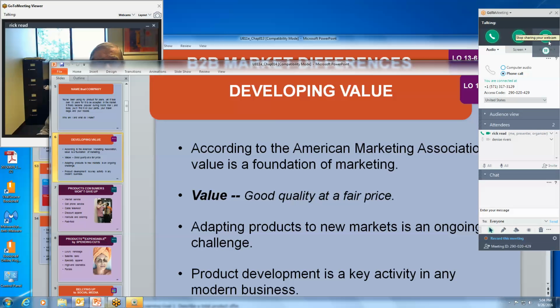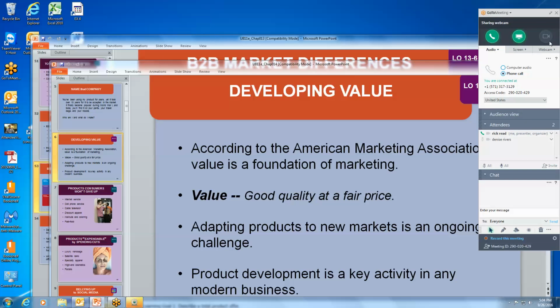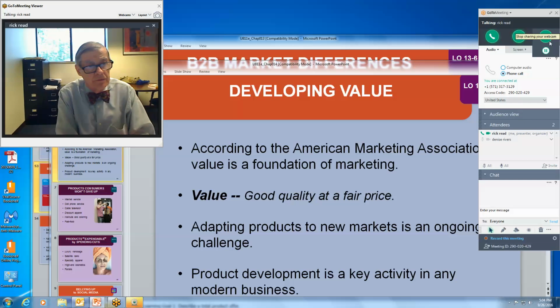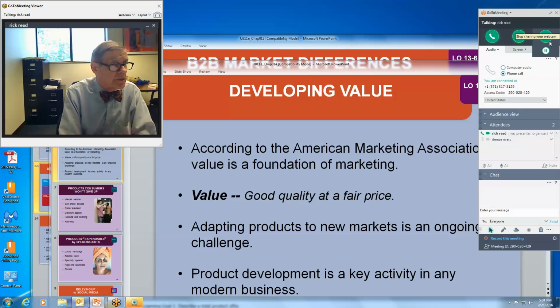Now, notice the slide starts out with, according to the American Marketing Association, value is the foundation of marketing. And I think we probably can agree to that. And look at the definition. It's something that is of good quality at a fair price.